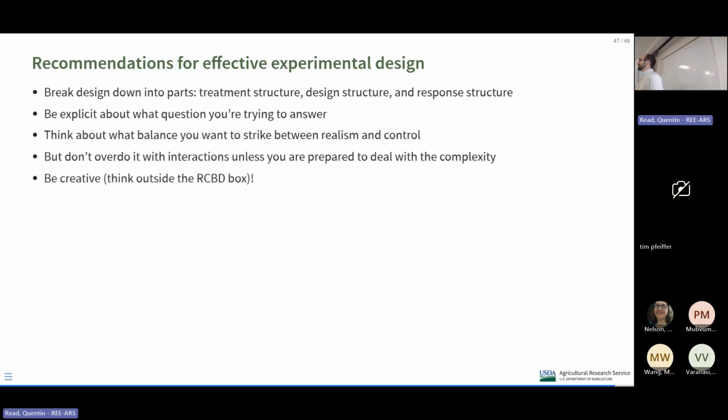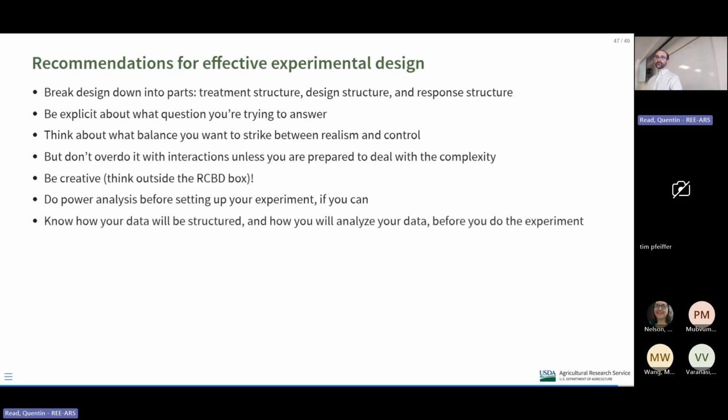Think outside the box when it comes to block design. RCBD is not always the best. You can sometimes get more bang for your buck with the same sample size. It's not always possible to do a power analysis, but I think it can be a very useful exercise to try to estimate how much power particular designs have before you do the experiment.